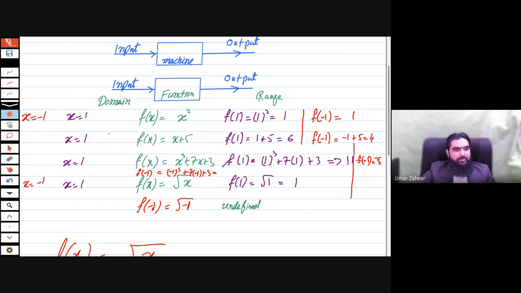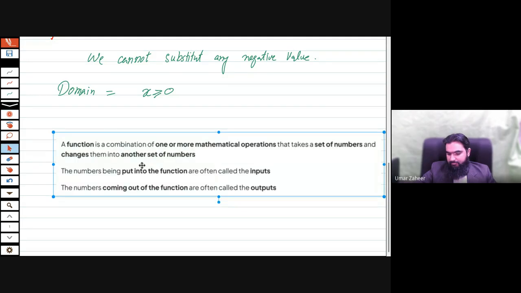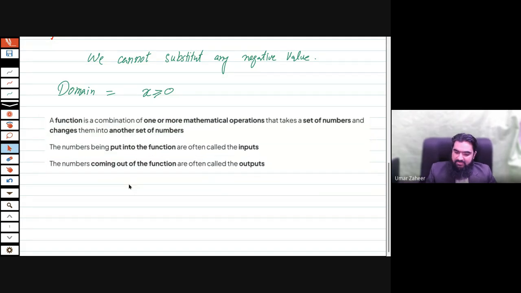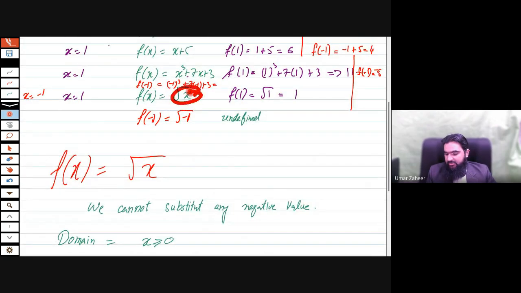So if we take a proper definition, what is a function? A function is a combination of one or more operations. Look at here. In this one, we have one operation. Here we have more operations: a cube, then add, then multiply as well.